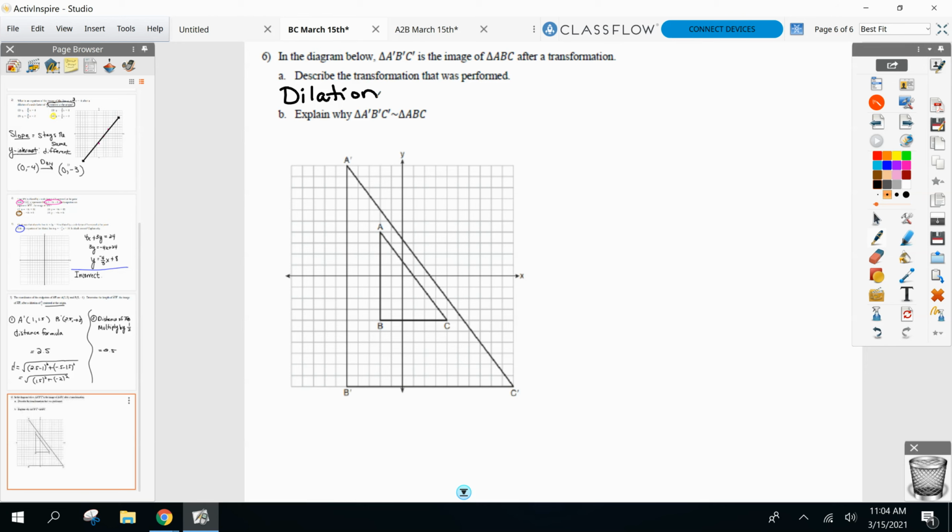Anybody, another way? You could also compare 2 sides too. That's the other way to do it. Because you can count BC and B prime, C prime, and see what ratio they're in, and make sure it's bigger than 1. So let's see if you can find the scale factor here.